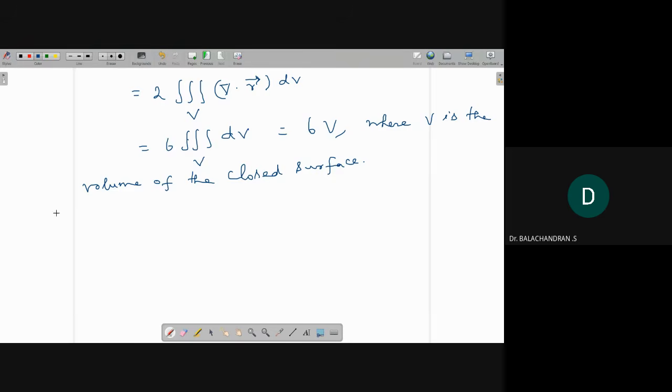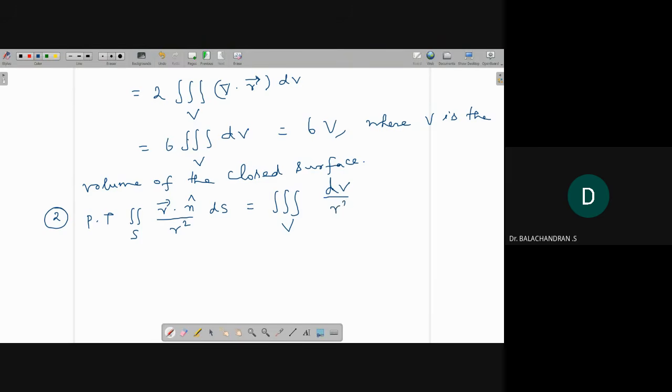Okay, so the next problem is prove that double integral over S of r vector dot n cap by r square into dS is equal to triple integral over V of dV by r square.